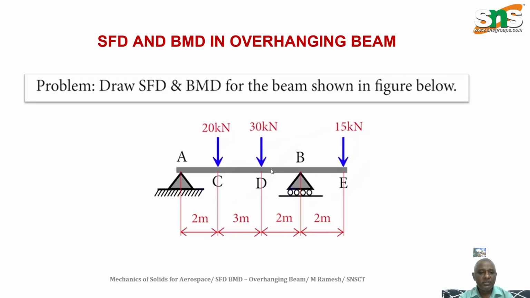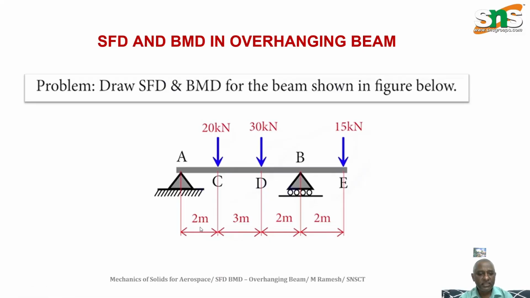Then what about the loads acting on the beam? There are three loads: 20 kilonewton, 30 kilonewton, and 15 kilonewton. All are point loads, and they are acting in the downward direction at C, D, and E, with supports at point A as well as point B. What about the span of the beam?